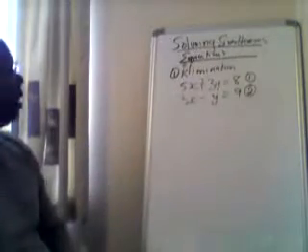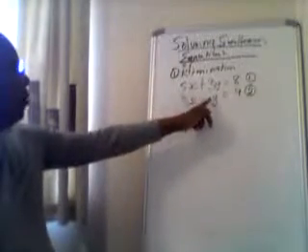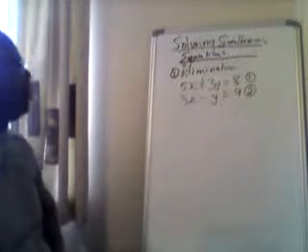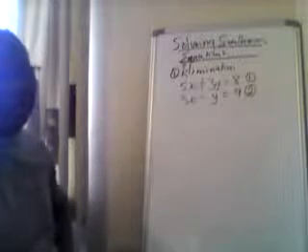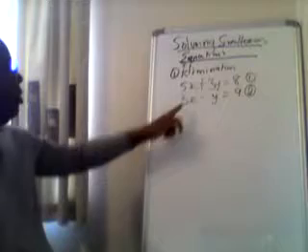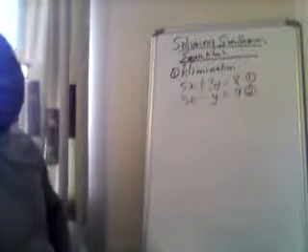In equation 2 you have 3 for x and minus 1 for y. There is a minus 1 there, but we don't write it. Then you need to decide which one you want to eliminate. You can either eliminate y or you can eliminate x. It's up to you which one you want to do.